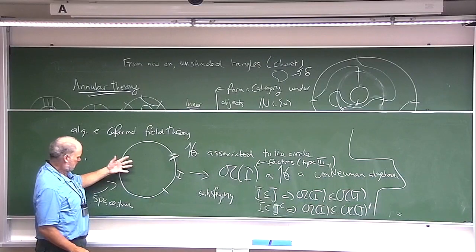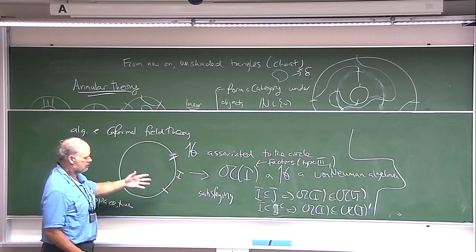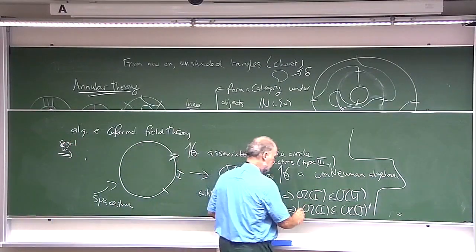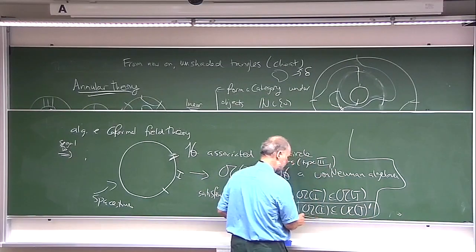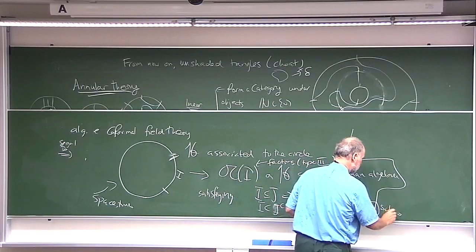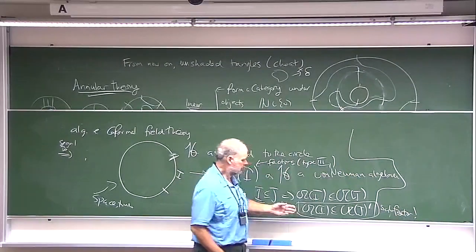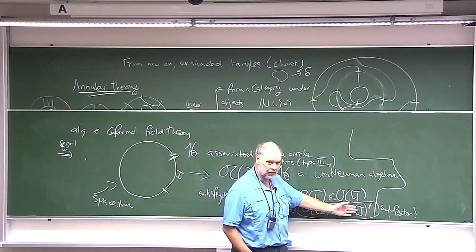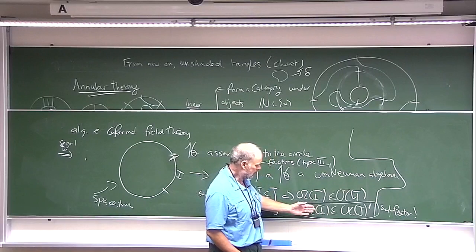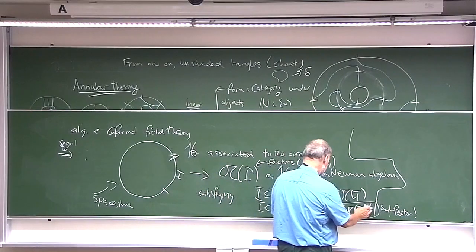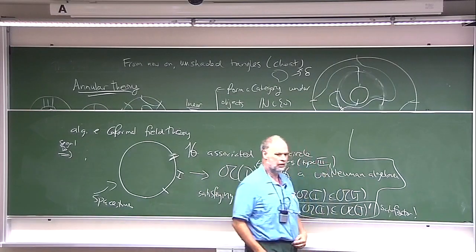There is this structure, and this means that we have some factor, because if something is a factor, its commutant is also a factor. So if you take A of I contained in A of J prime, you have a factor contained in a subfactor.